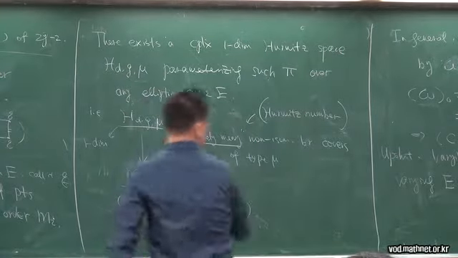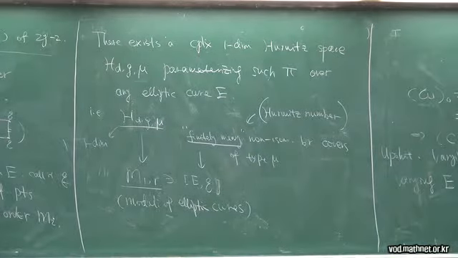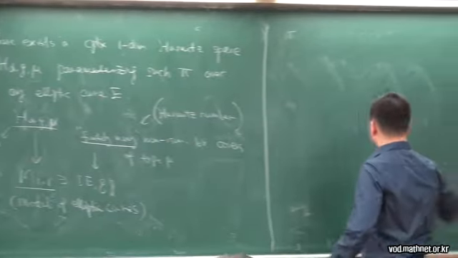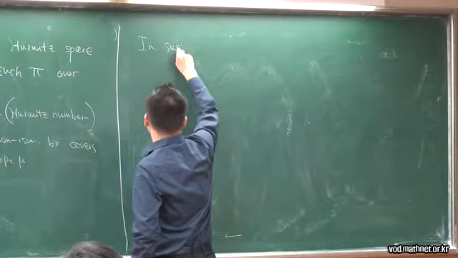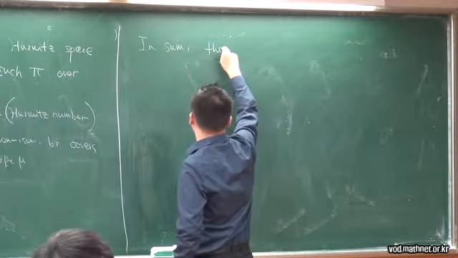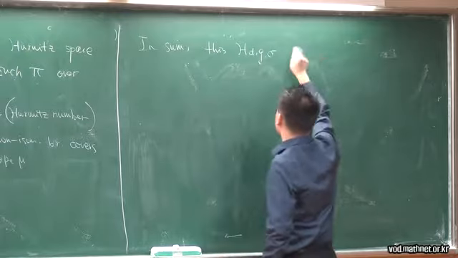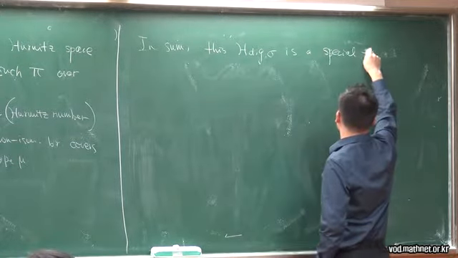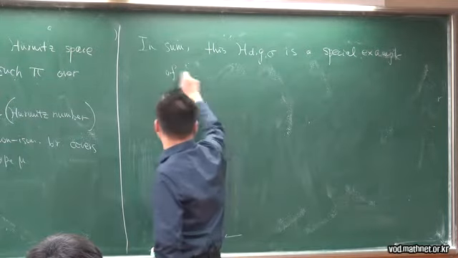So let me summarize. In this case, this H_{D,σ} actually is a special example of a Teichmüller curve.